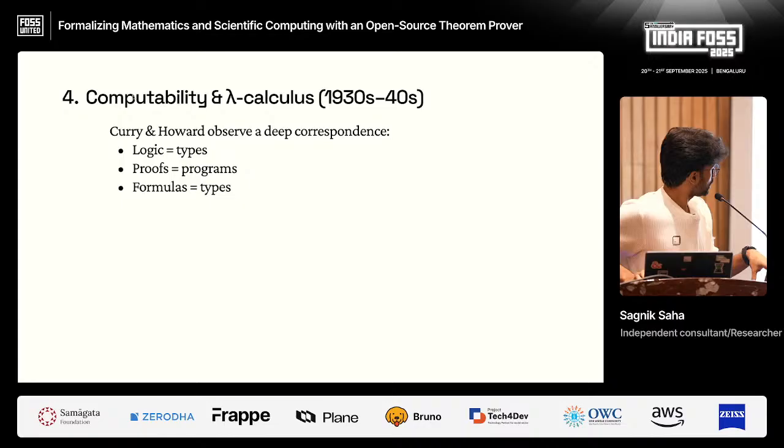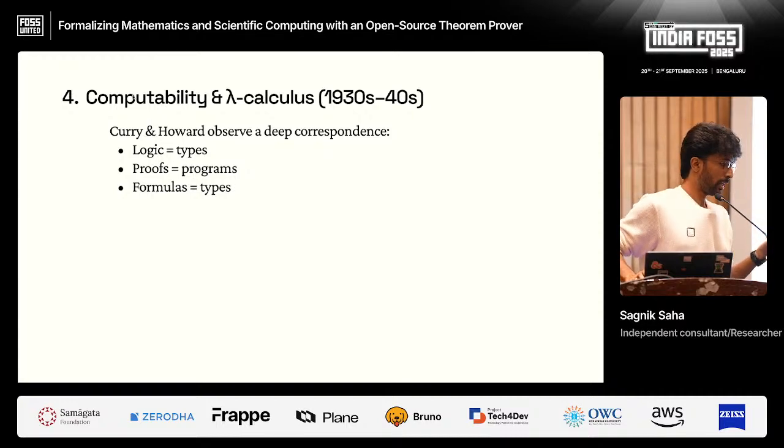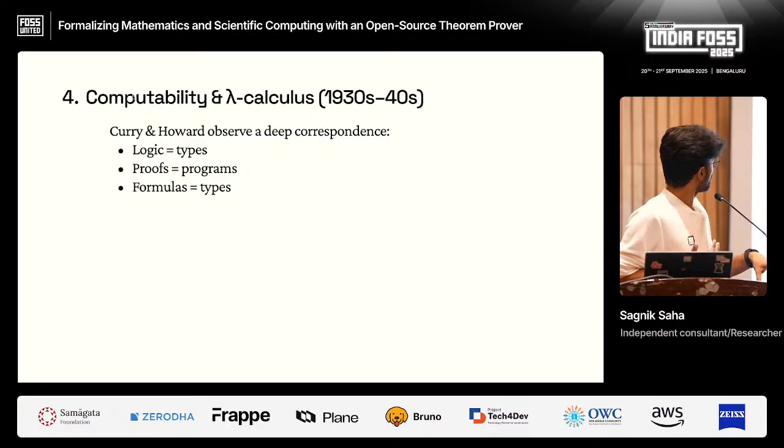So all of this gets more improved with the introduction of computability and lambda calculus. Curry and Howard improved the entire logic system by taking logic and introducing types. They called proofs as programs and formulas as types.